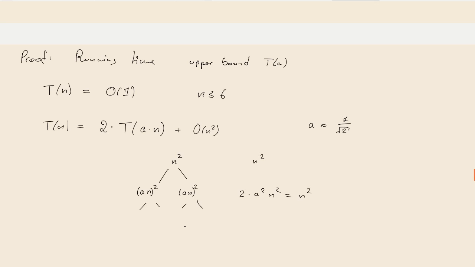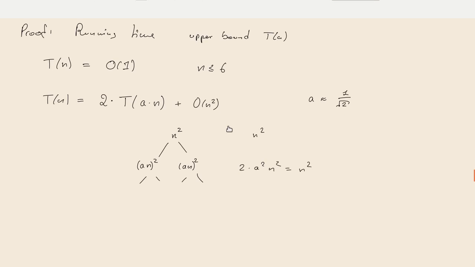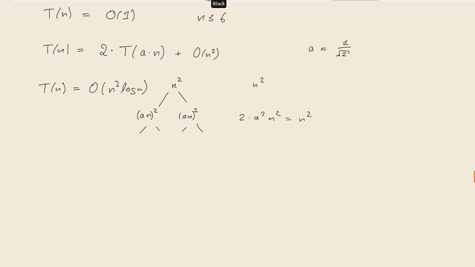So you just have to take the height of the tree as a multiplicative factor, and that's why the master theorem gives you that this is O of n squared log n, because you have log n levels. If you reduce the size of the graph by a constant factor, the height of this tree is actually just given by log base square root of 2 of n, right? Because that's the reduction in size that you have. But for the O term, that doesn't make a difference. So that's the running time.